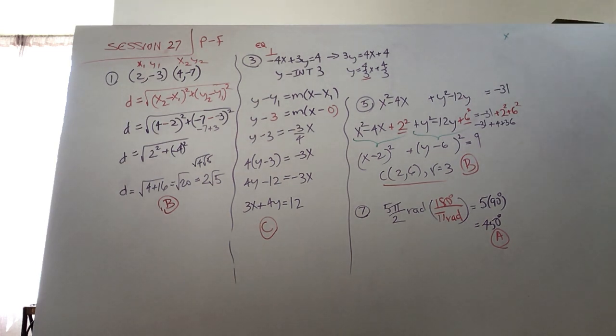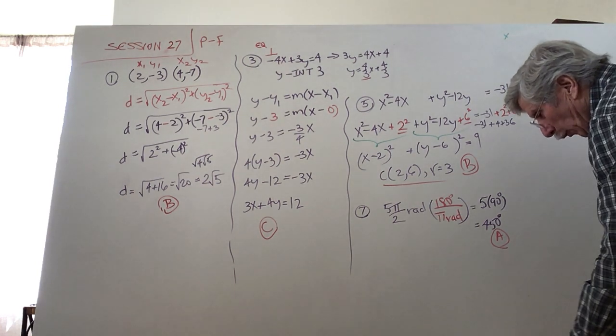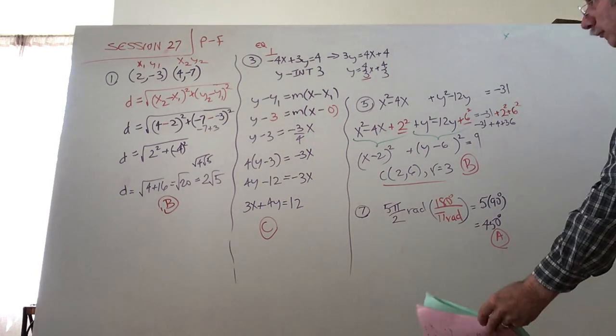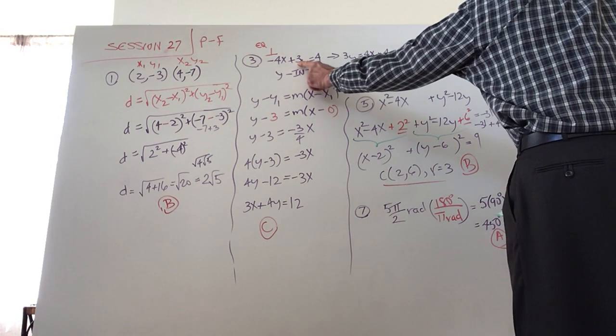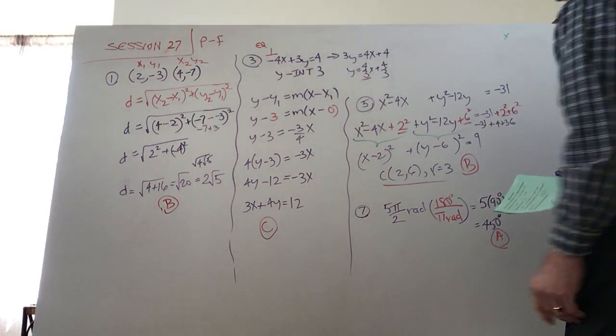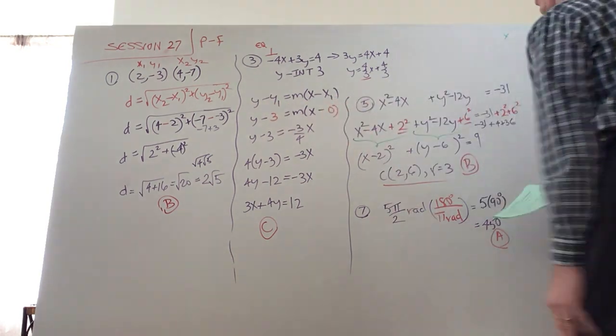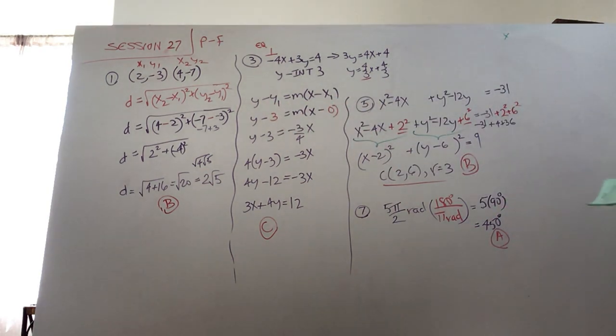Number 3 says to find the equation of the line perpendicular to this line, -4x plus 3y equal to 4, and also with a y-intercept of 3. What I did was, if we're looking for the equation of the line, write the formula for the line, y minus y1 equals m times (x minus x1).